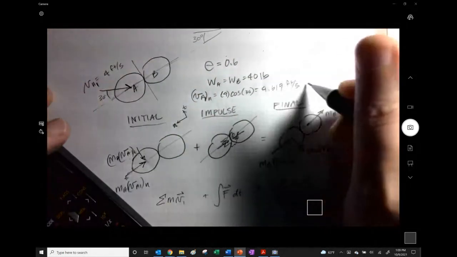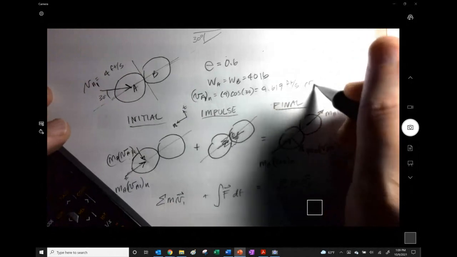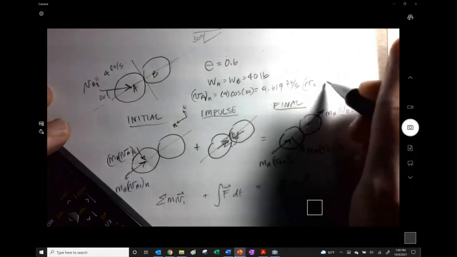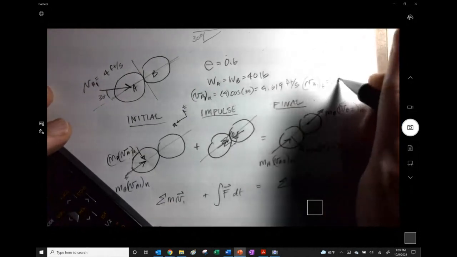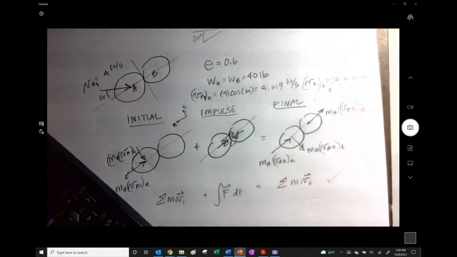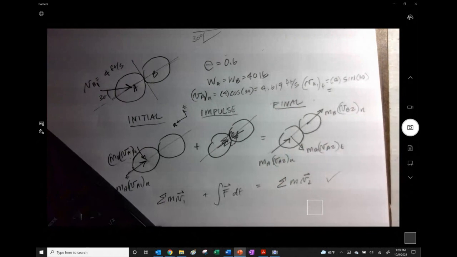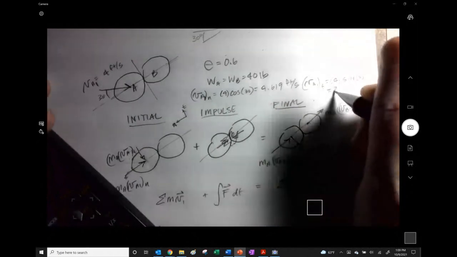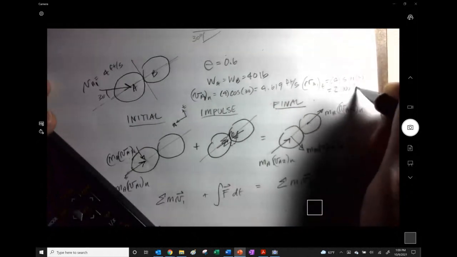And VA1T is going to be 4 times the sine of 30 degrees, which should be just 2, right? Sine of 30 degrees is 0.5, so it's 2 feet per second.